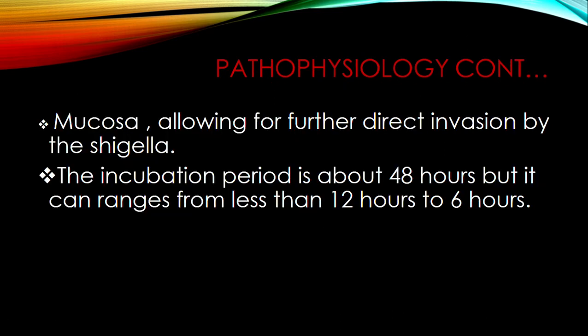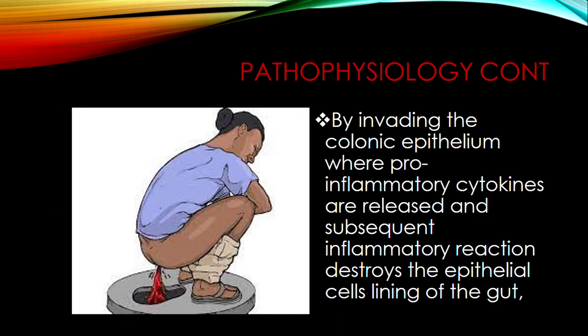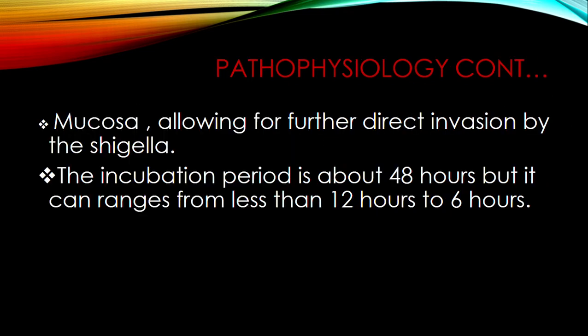So maybe in summary, we can say when the Shigella species or the Entamoeba histolytica enters the GIT, they pass through the stomach freely. They go into the intestines. When they enter the intestines, they start to release the enterotoxin. This toxin will cause injury to the lining of the GIT, the intestines.